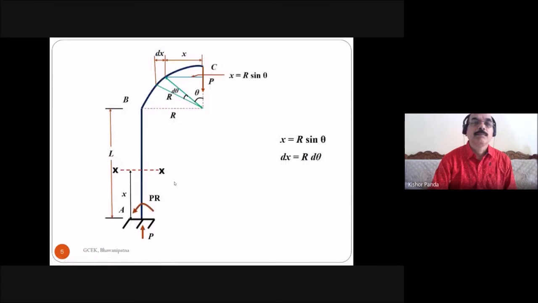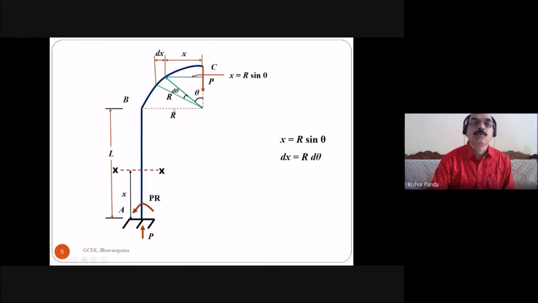Then find out what is the deflection at C due to the vertical portion AB. As the load is acting at the point C, for equilibrium of joint at A, you have to apply one anti-clockwise moment, PR. This is P. So what is the moment here?